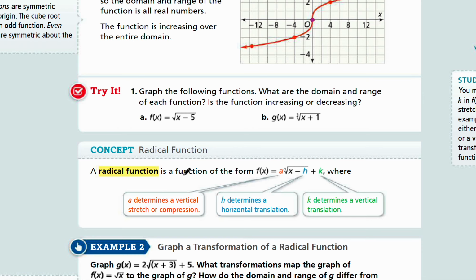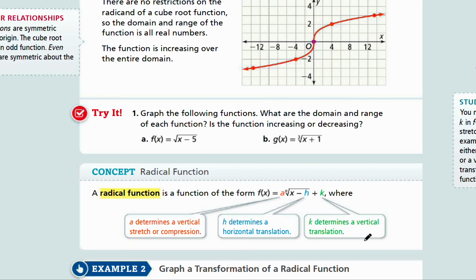So the radical function has a form of f of x equals a times the nth root of x minus h, and then plus k. So this is also a form where you can easily find the point h, k, which is this point right here.